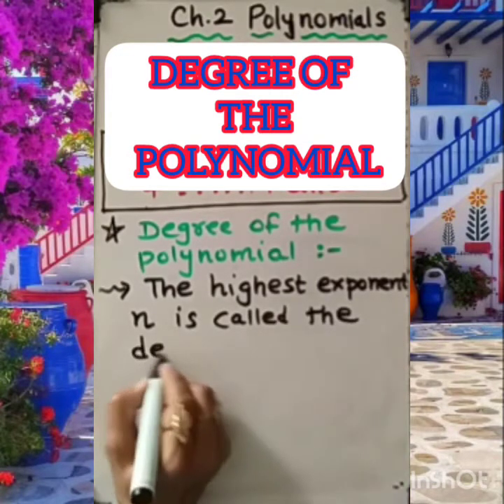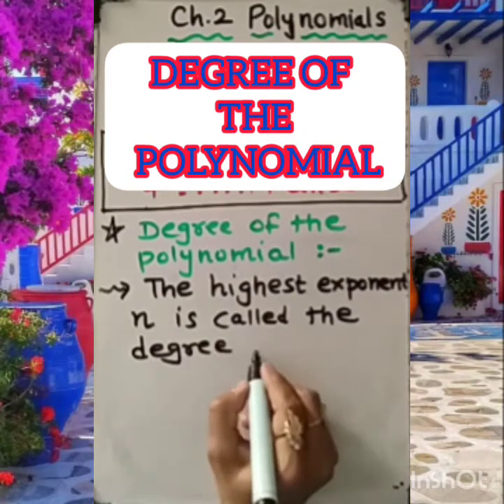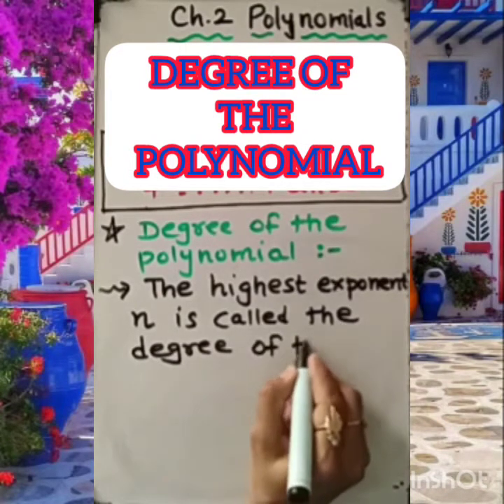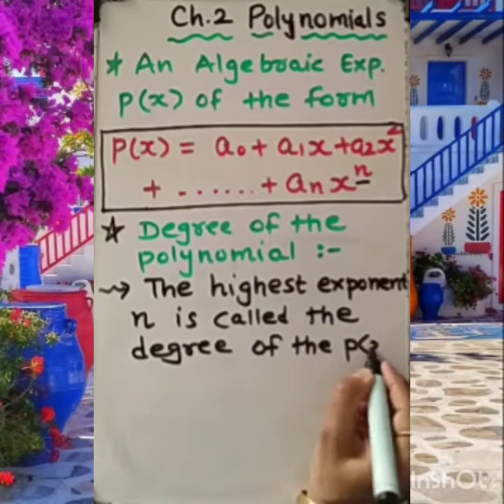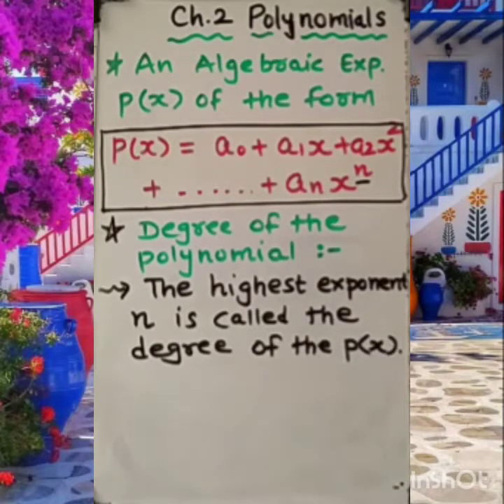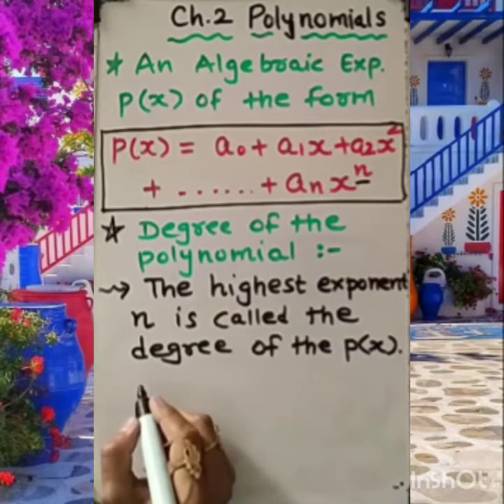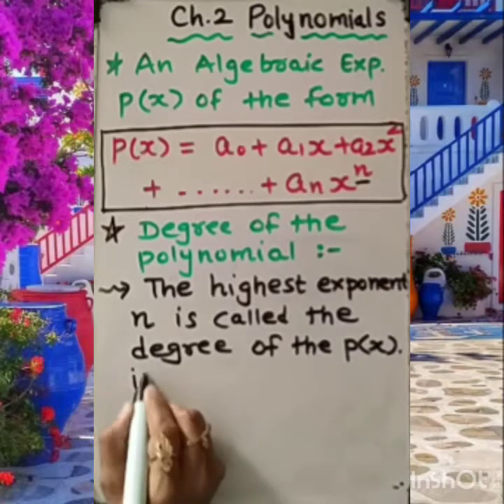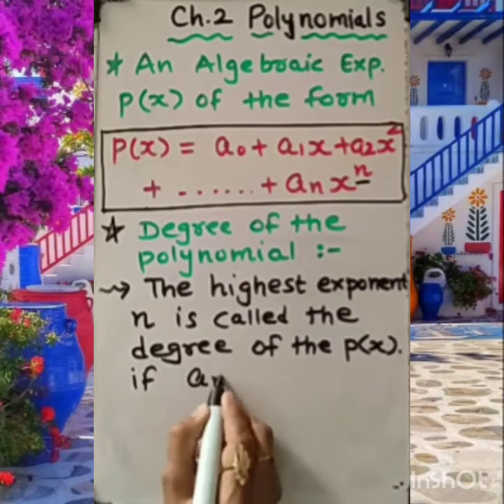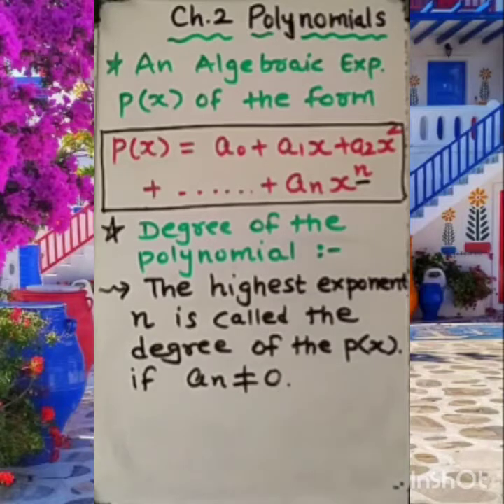Simple. The highest exponent is called the degree of the polynomial. Please remember this, degree of P(x), where P(x) means polynomial. And the condition is that an is not equal to 0. This is very important. We can say it is the degree of the polynomial only if this is not equal to 0. Otherwise, it can't be a polynomial even.